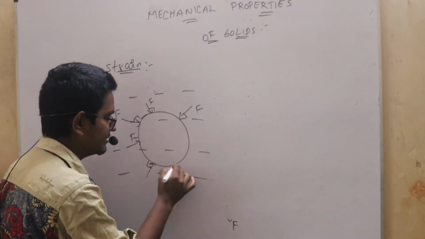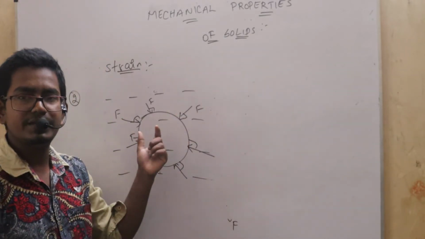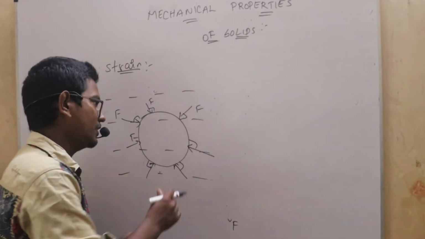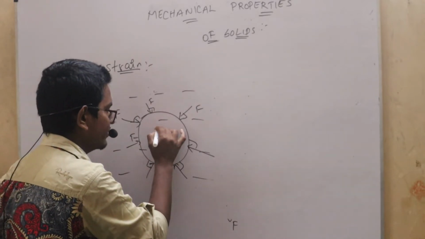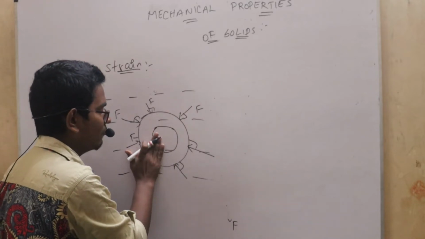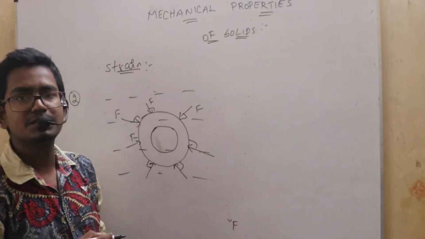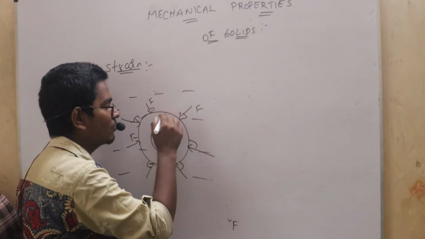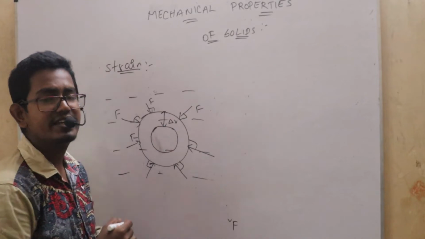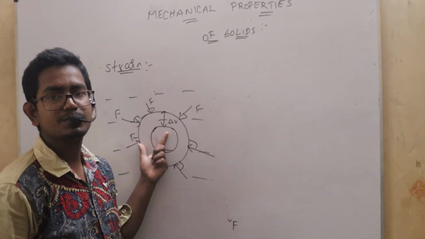Due to that force, this metal is getting shrunk. So you can see here, the volume of the metal has been changed right now. That means it is a change in the volume. So you can see here the dimensions of this sphere have been changed.